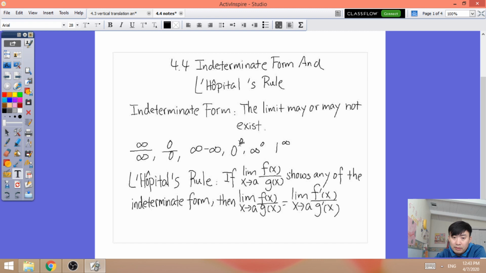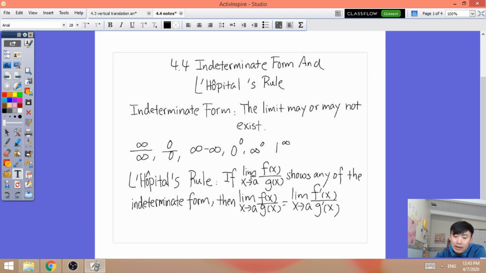A lot of people might claim this one is 1, but we don't know what that is. Infinity to the power of 0, 1 to the power of infinity, they all are considered indeterminate form. With indeterminate form, we don't know which one is bigger or smaller, and we cannot determine what exact value the structure is.